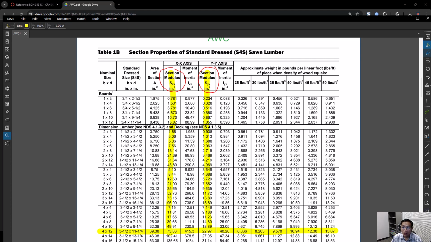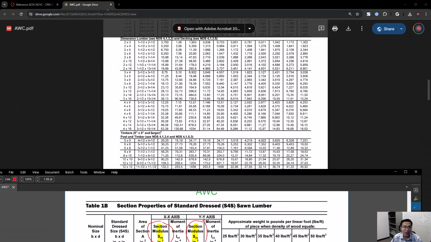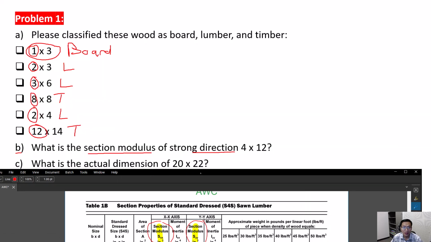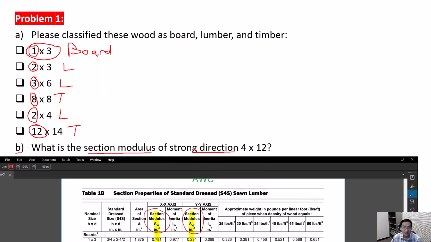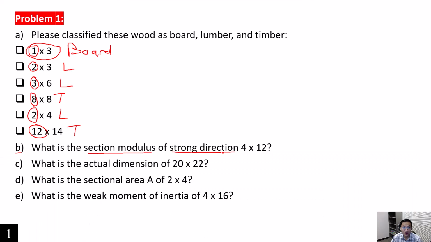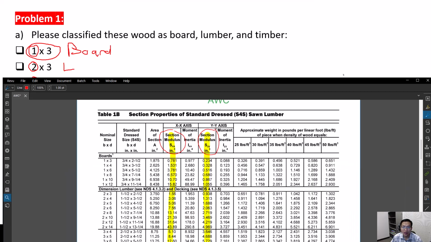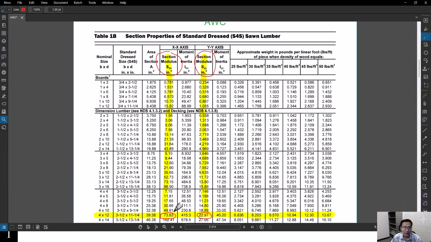And we have SX is 73.83 and SY is 22.97. Because the question asks us for the strong direction, that means we need to get the larger value.